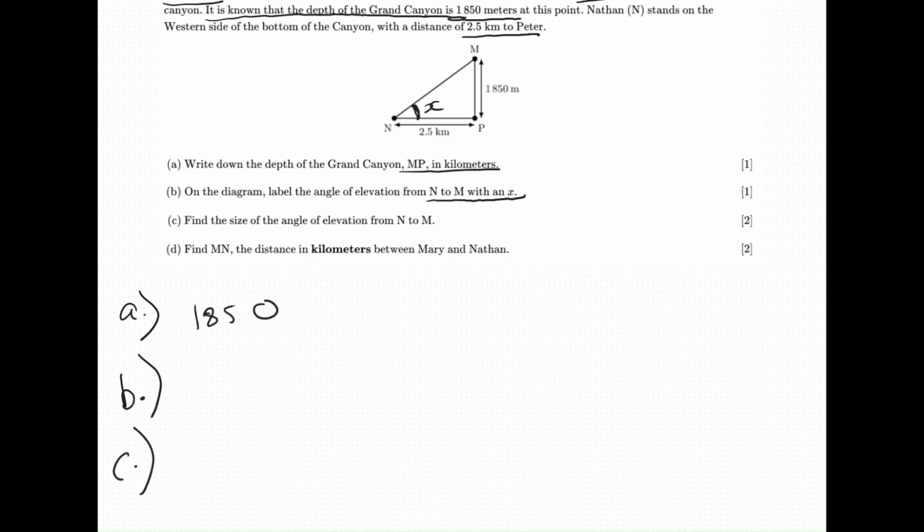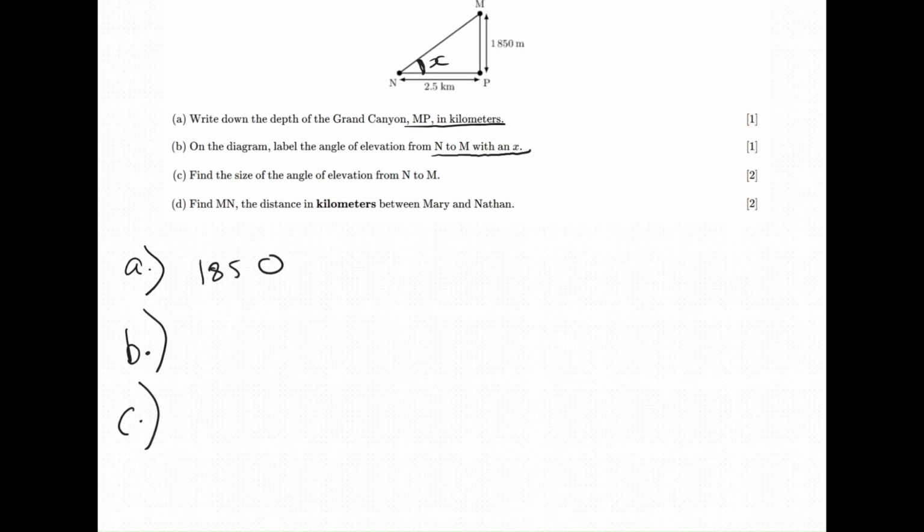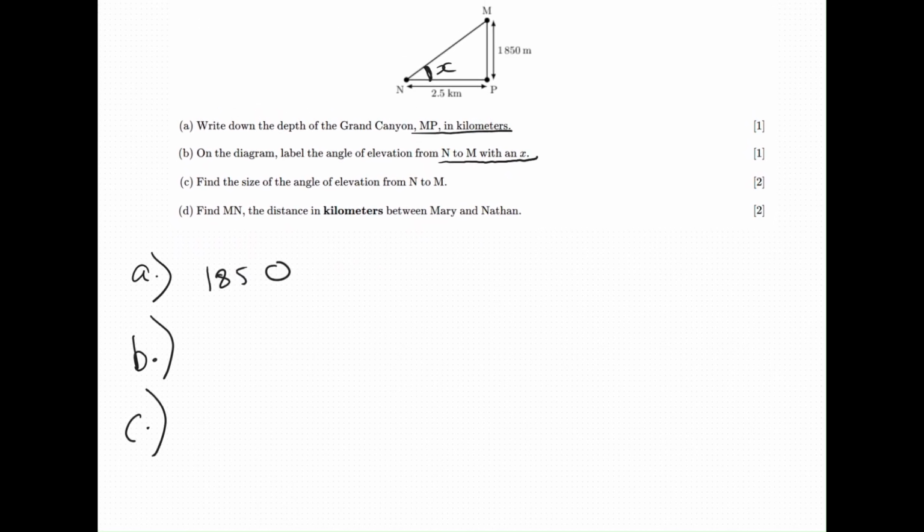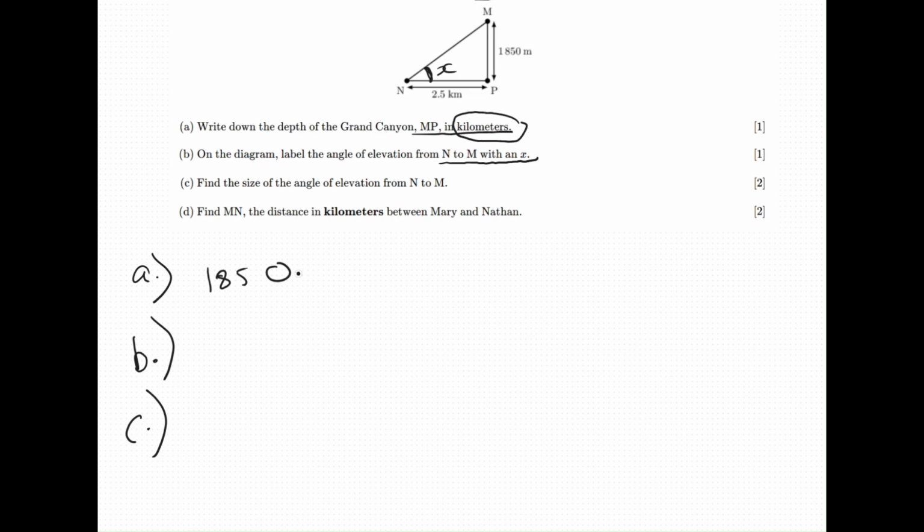And for C it says find the size of the angle of elevation from N to M. And so, sorry, before that I made a small mistake which I didn't really realize. It says here in kilometers. So this shouldn't be 1,850, it should be 1.85 kilometers. And so here it says work out the size of the angle.